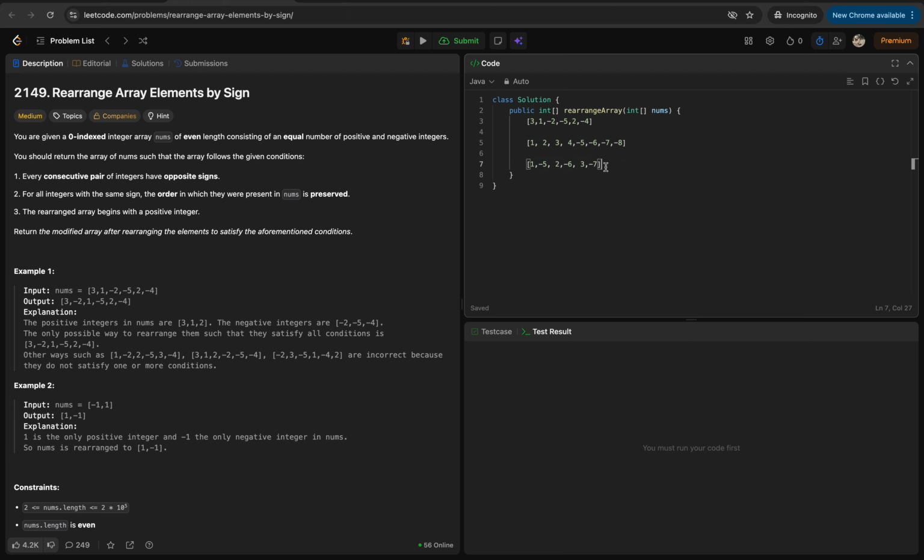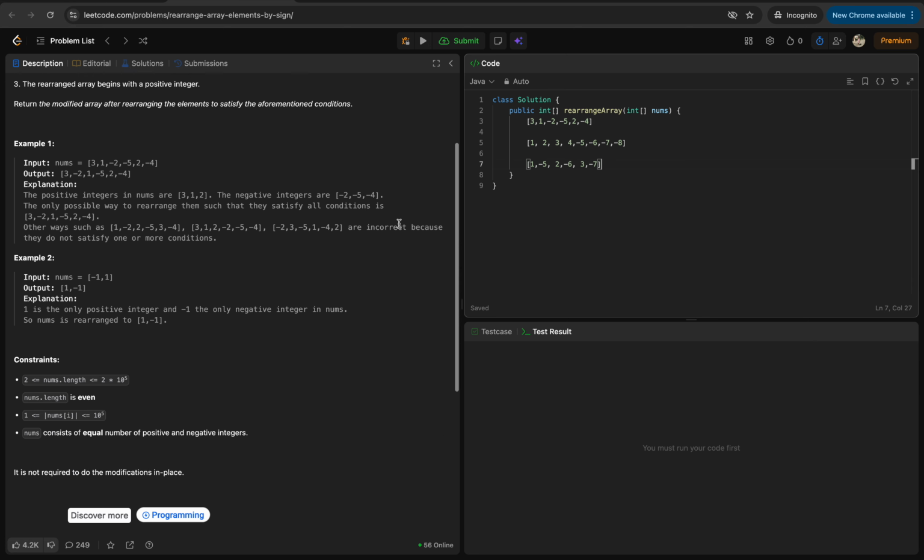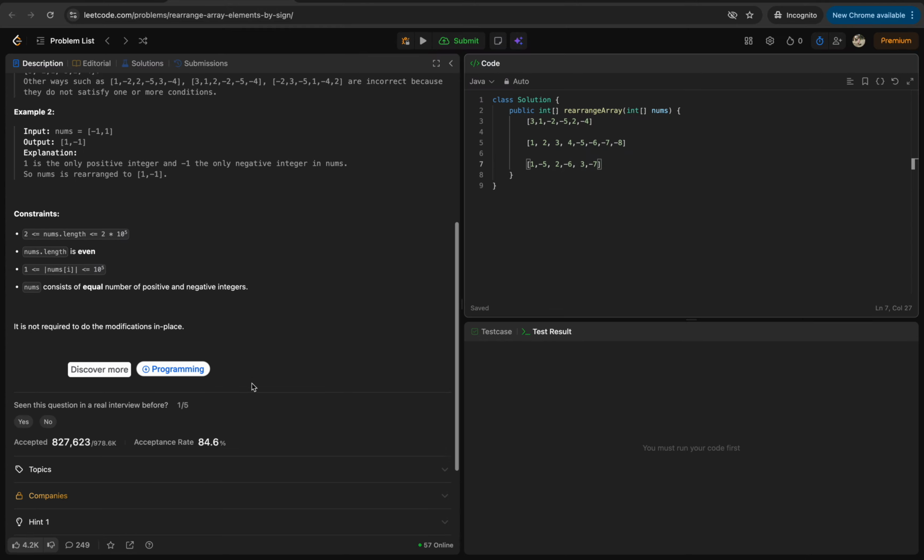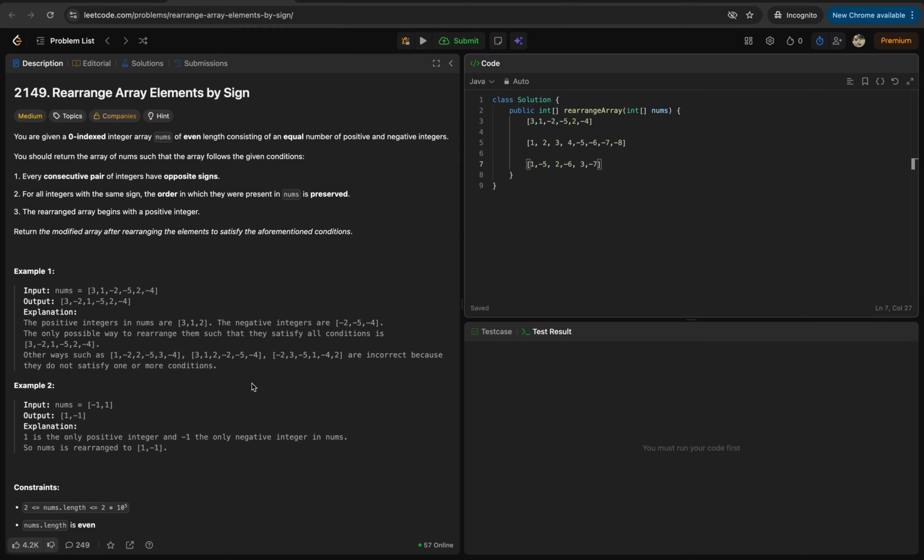But if we are using extra space, then why is it a medium question? If it would have been an easy question, then I would have agreed that we can use extra space. But if it's a medium question, then there is some trick to it.